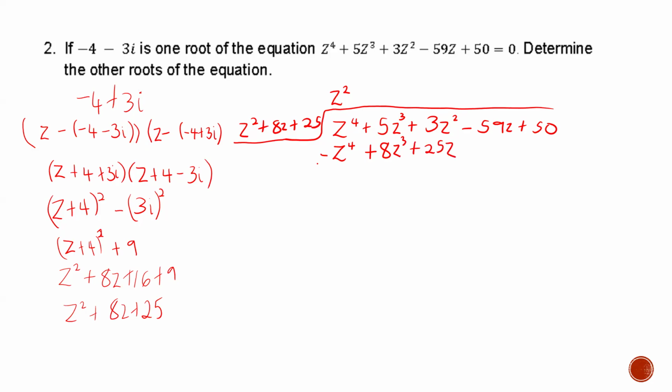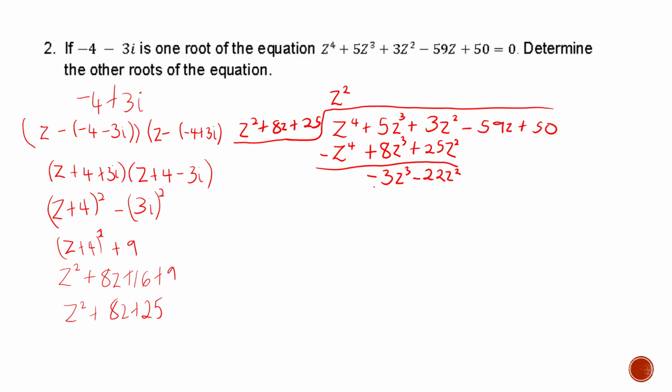When we subtract, we shall get negative 3z cubed minus 22z squared, right?